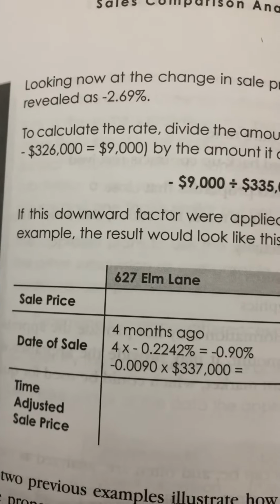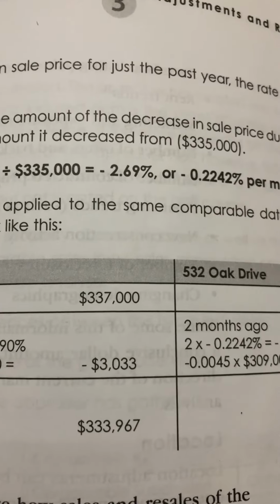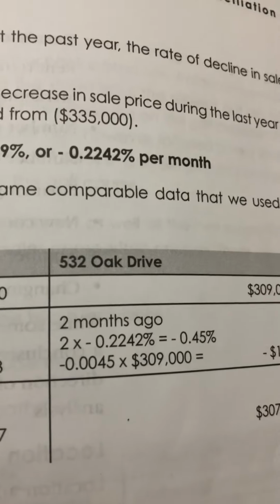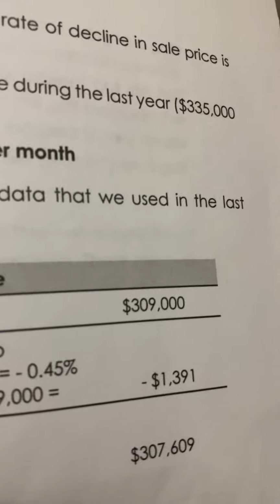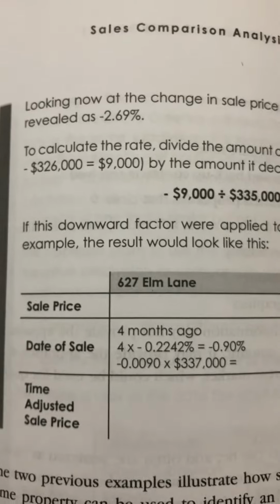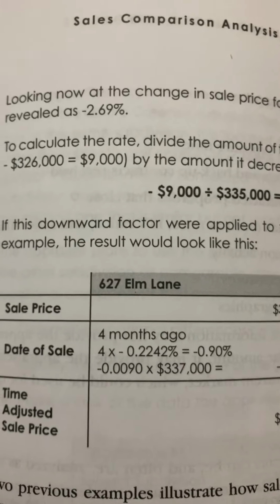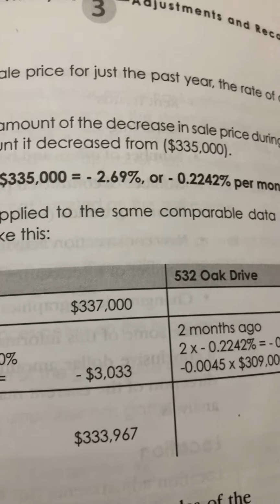To calculate the rate, divide the amount of the decrease in sale price during the last year, $335,000 minus $326,000. That equals a $9,000 difference. By the amount it decreased from $335,000.